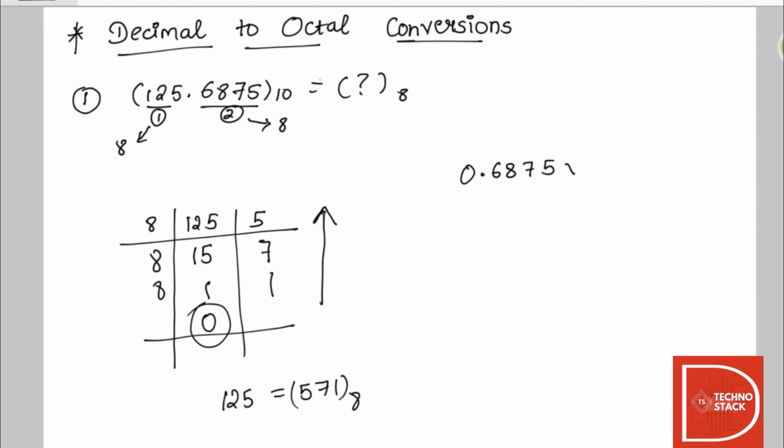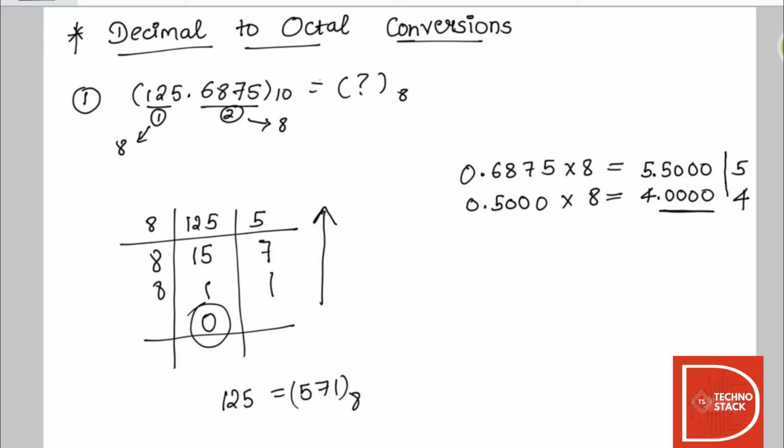Now 0.6875 into 8, that is the radix, gives us 5.5000. From here we will take 5. The remaining 0.5000 we'll keep over here, and again multiply it with 8 and we get 4.000. As we got zeros in the fractional part, we'll stop the process over here, and this we are going to take from top to bottom.